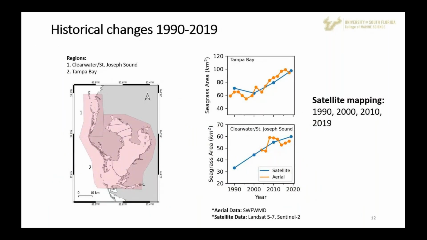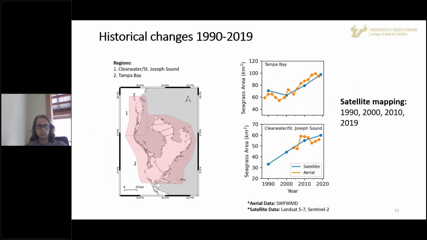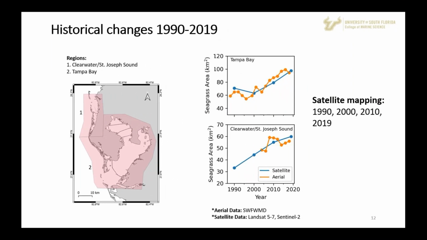These are some preliminary results of historical changes in seagrass area for the last 30 years in the Clearwater and Tampa Bay regions. The satellite mapping was made in 1990, 2000, 2010, and 2019 using Landsat 5, Landsat 7, and Sentinel-2 imagery.